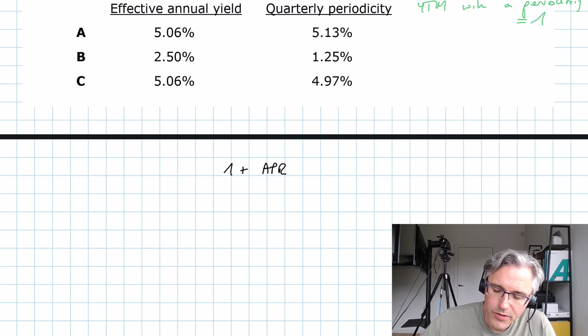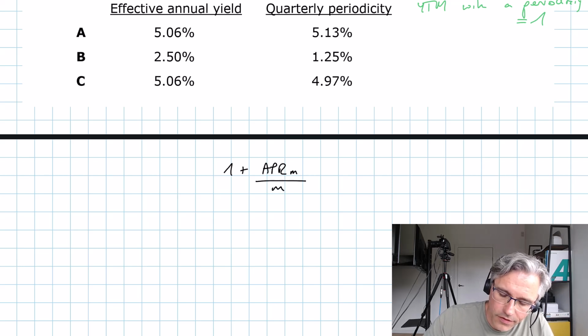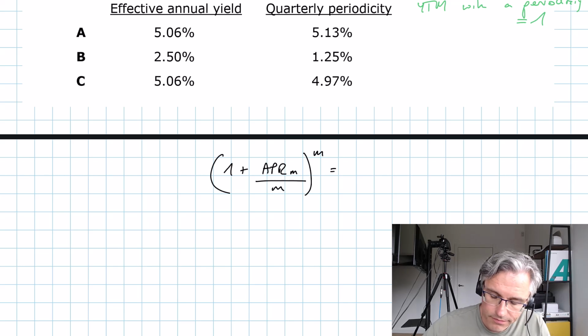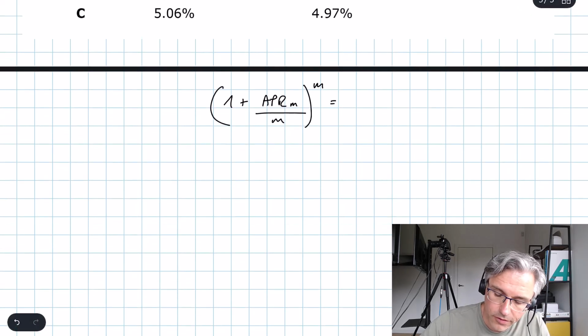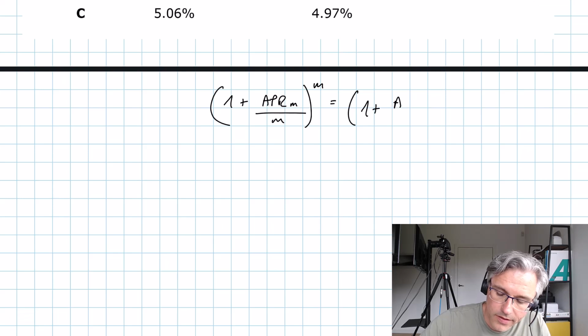Computed with a certain periodicity, let's make that periodicity m, divided by m, to the power of m. I know it sounds very elaborate and difficult, but it's not. Equals 1 plus the APR, not the same APR, computed with another periodicity divided by that frequency to the power of n.